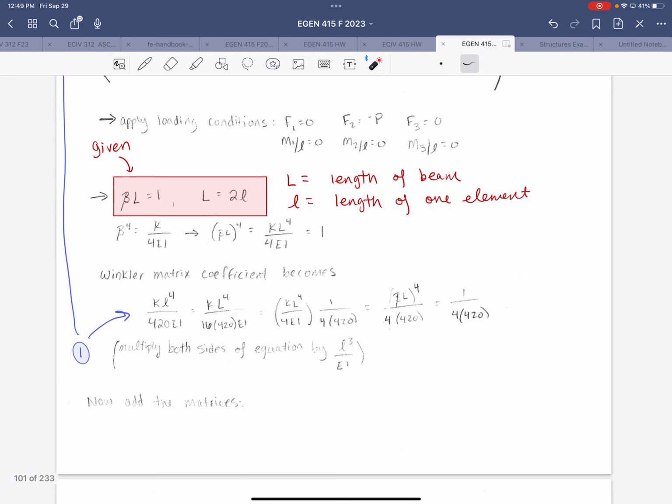Noting that, remember, we defined beta to the fourth as being equal to K over 4 EI. So it follows that beta L to the fourth would be K times capital L to the fourth over 4 EI. And since beta L is equal to 1, then beta L to the fourth will be equal to 1.